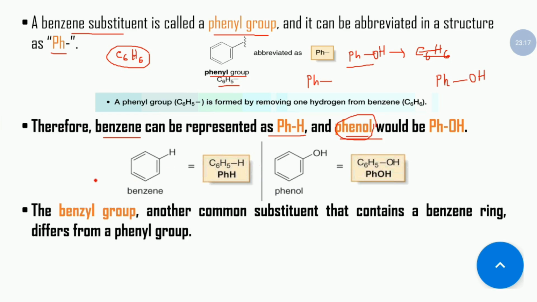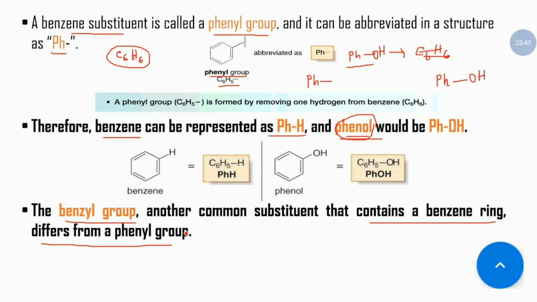The last rule is the benzyl group. This one is something new to you. Benzyl group is another common substituent that also contains a benzene ring, but a little bit different from phenyl. The phenyl group is just removing one hydrogen from benzene, that is C6H5 single bond, but the benzyl group is a little bit different.